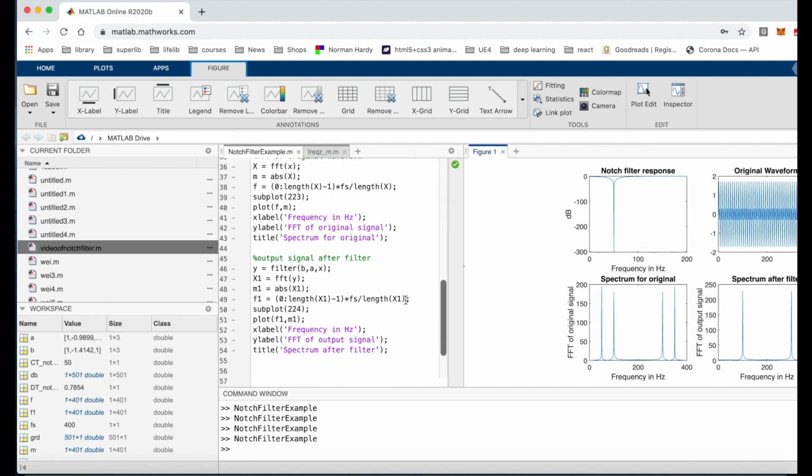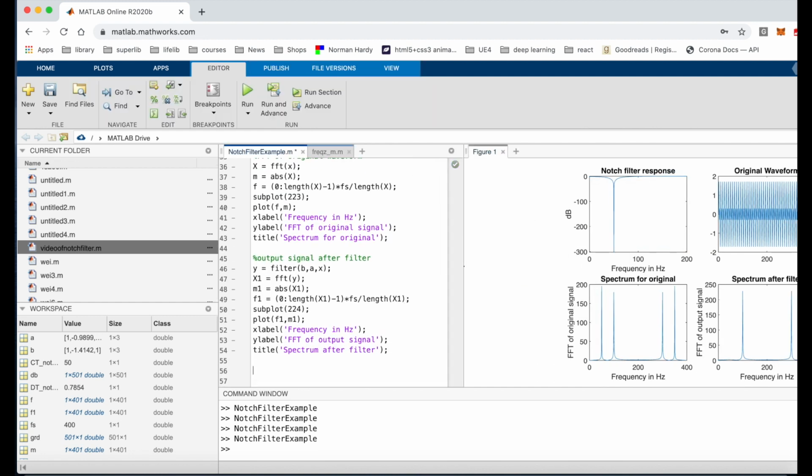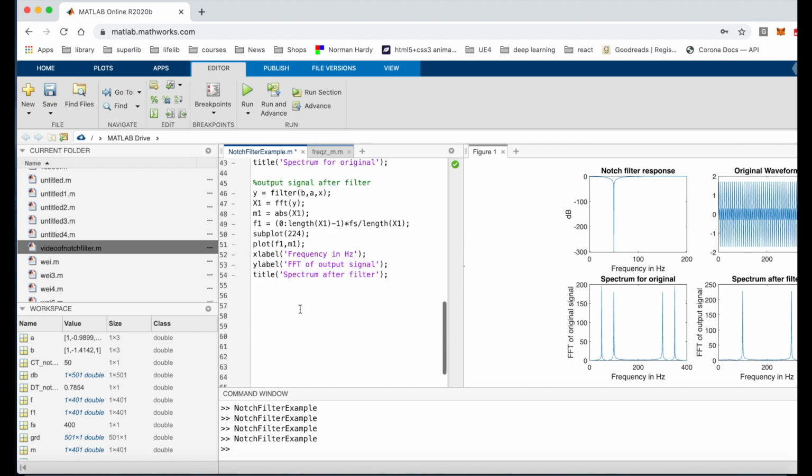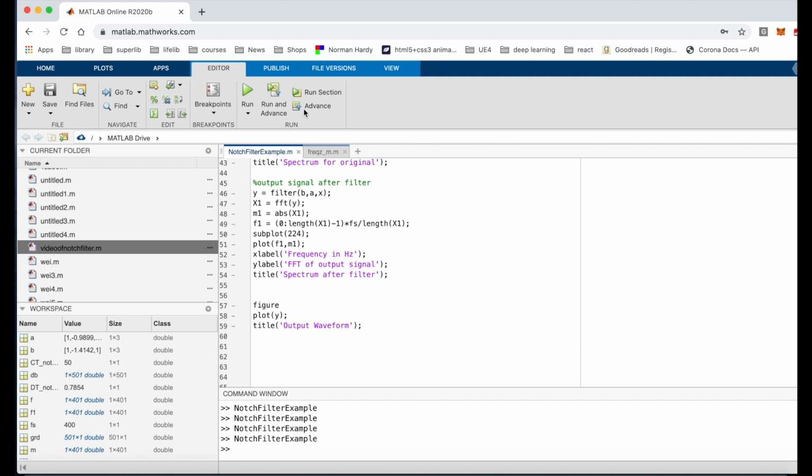We also could take a look at the output signal in the time domain. We could give another figure, plot y in the time domain, and the title should be output waveform. Let's run it.